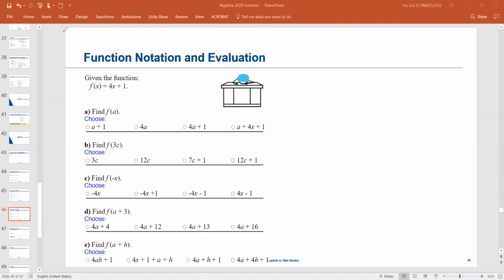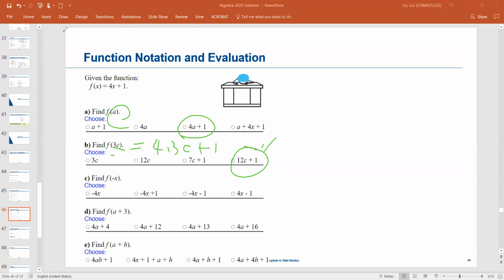So we're talking about function notation and evaluation right now, right? So like this one would be more easy for us, every one of us. So here, the answer is just replace x with the a, right? 3c times 4 equal 12, right? 12 plus 1, right here. So here equal 4 times 3c, just replace x with 3c, right?